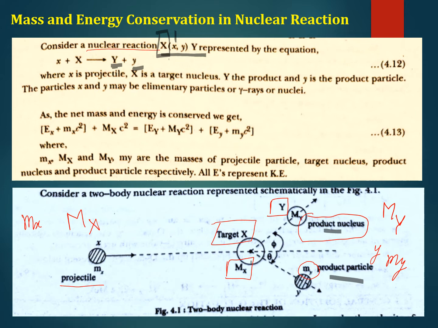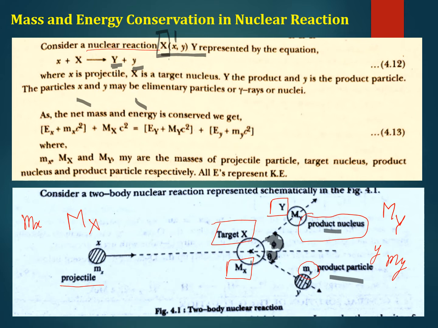The angles we are not considering here because in this article we are just going to discuss the Q value, and by the conservation law we are considering that net mass and energy is conserved in this nuclear reaction.